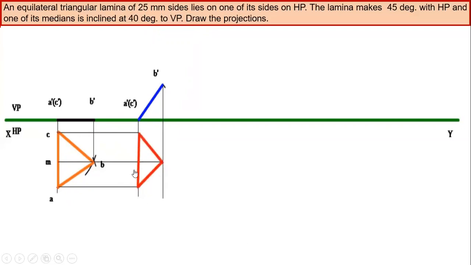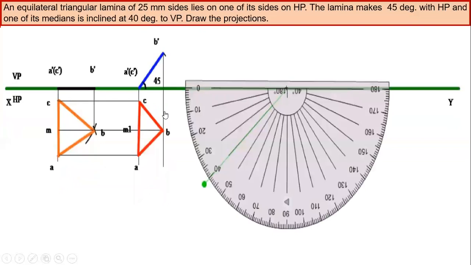This is the triangle in the second position when it is tilted to 45 degrees, A, B and C. So this completes the second position. Name the median as M1. Represent the angle. The angle is 45 degrees with HP.